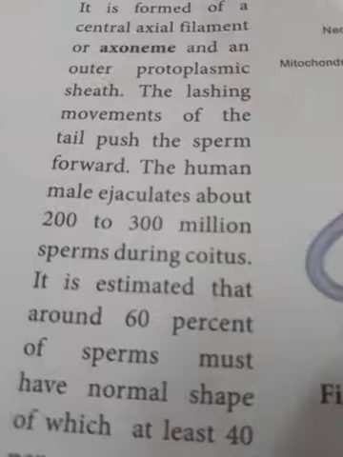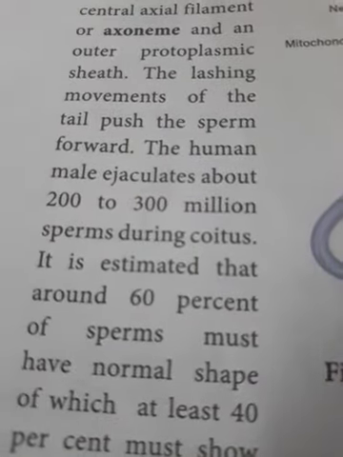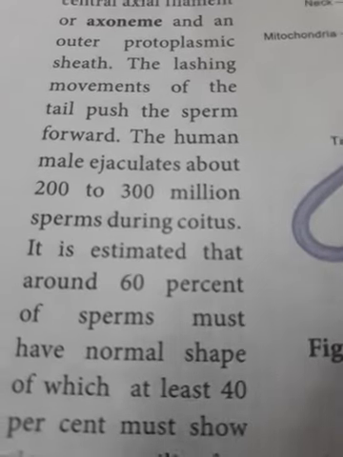A human male ejaculate sends out around 200 to 300 million sperms at a time during coitus.